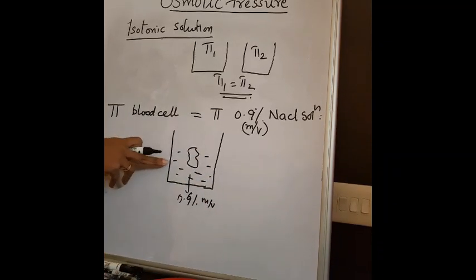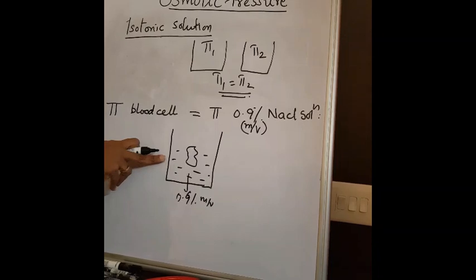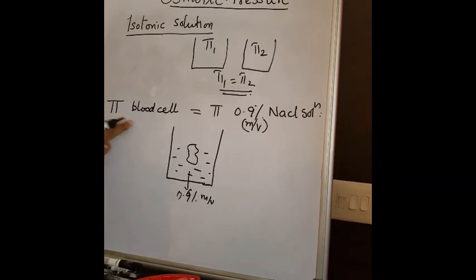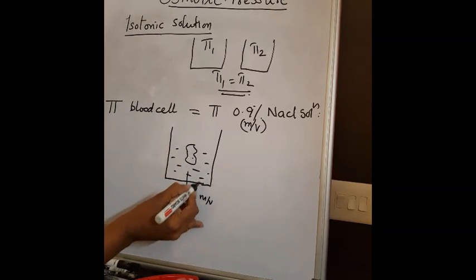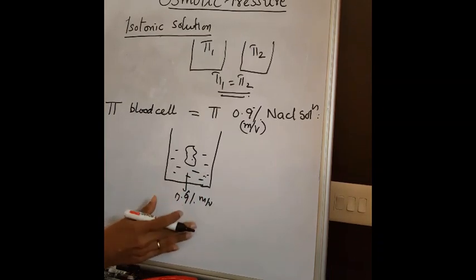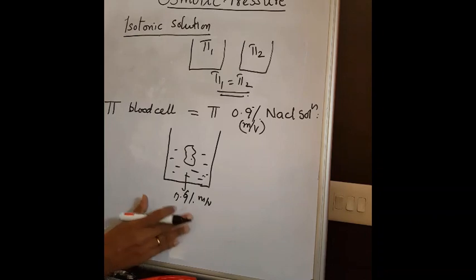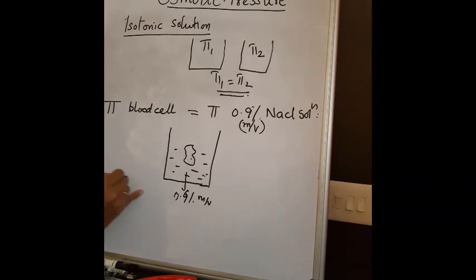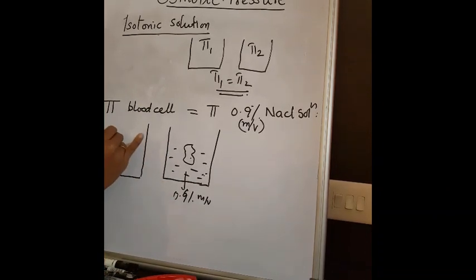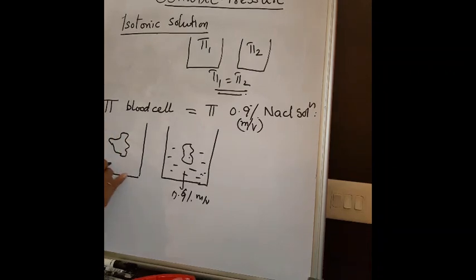Is any osmosis taking place here? No. Why? Because the osmotic pressure of this blood cell is equal to the osmotic pressure of the NaCl solution.